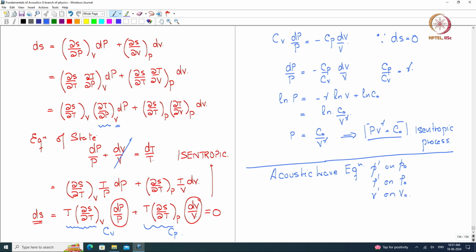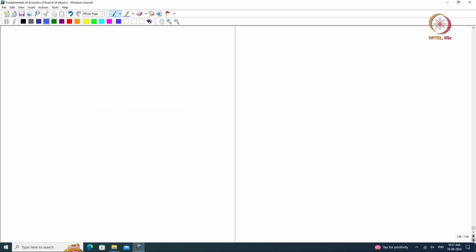So if I use the total P as the mean plus the acoustic perturbation, P0 plus P dash, which gives me the total P, and V0 plus V dash, that is equal to C0, which is also equal to P0 V0 to the power gamma, the mean values.